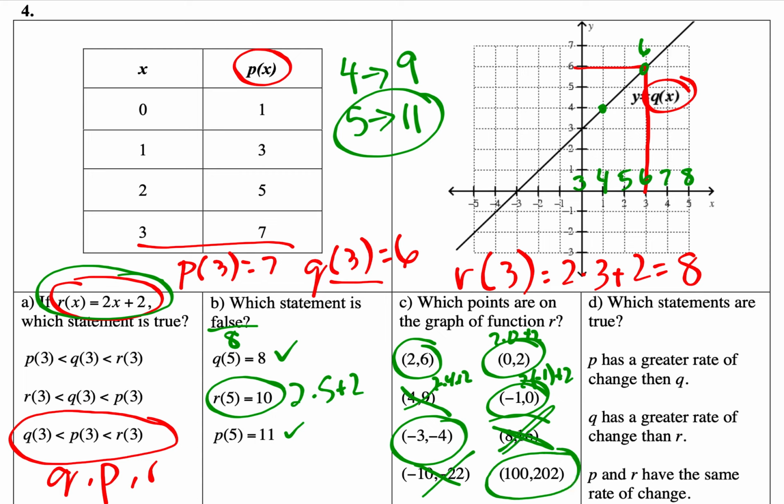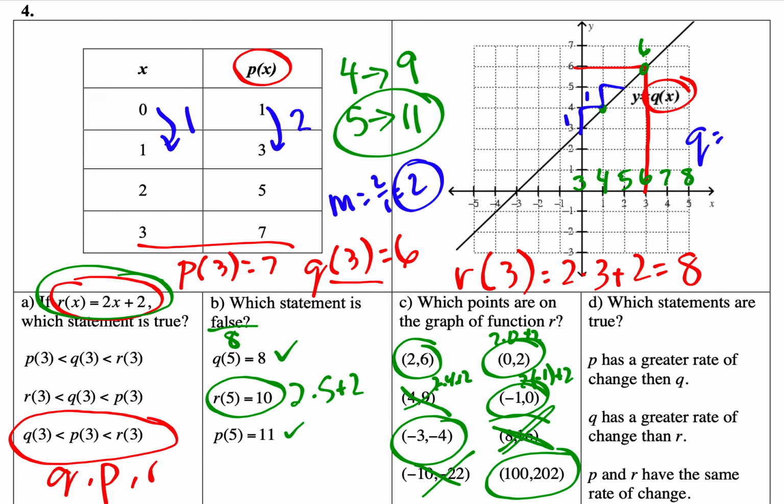And then the last question, which statements are true? Notice that we are comparing the rate of change between P and Q. So let's find those real quick. The rate of change in P is 2 over 1, which is 2. The rate of change for Q is up 1 over 1.